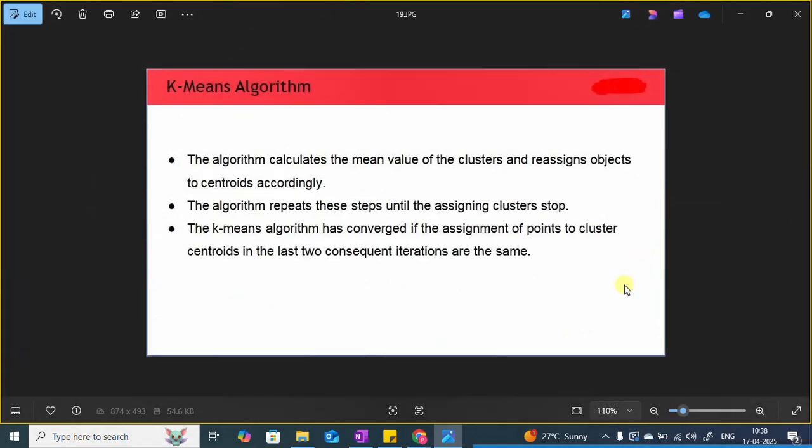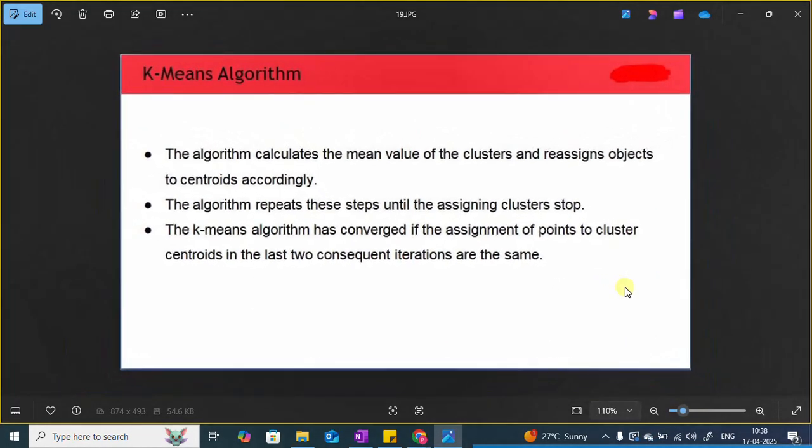The algorithm calculates the mean value of the cluster and reassigns the objects to centroids accordingly. The algorithm repeats this step until the cluster assignments stop changing. The k-means algorithm has converged if the assignment of points to cluster centroids in the last two consecutive iterations is the same.